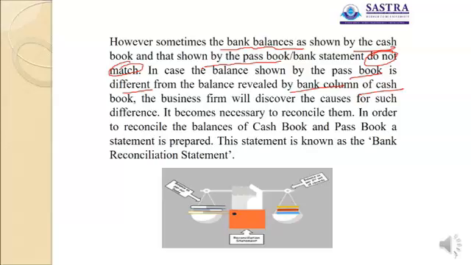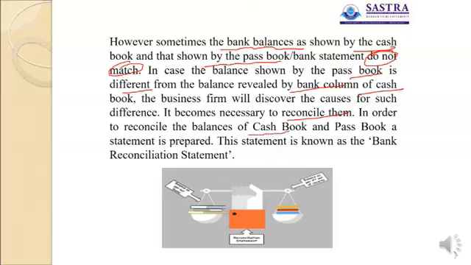The reasons should be found out, the causes of differences known, and the balances reconciled. Once the business firm discovers the causes for such differences, it becomes necessary to reconcile them. In order to reconcile the balances of cash book and passbook, a statement is prepared.